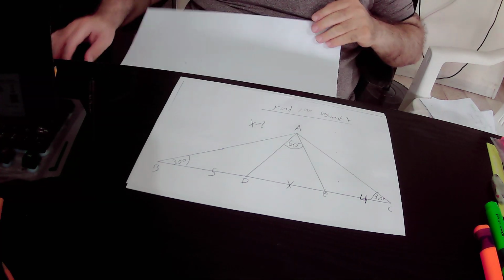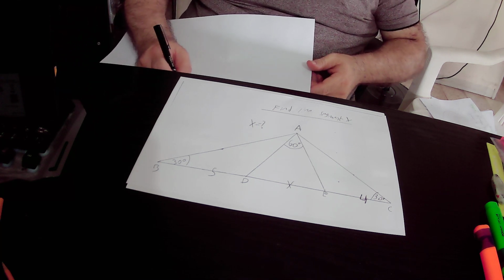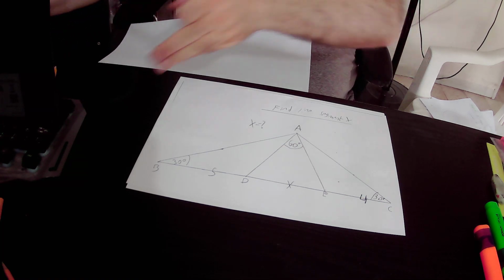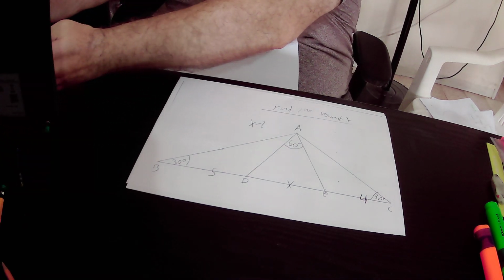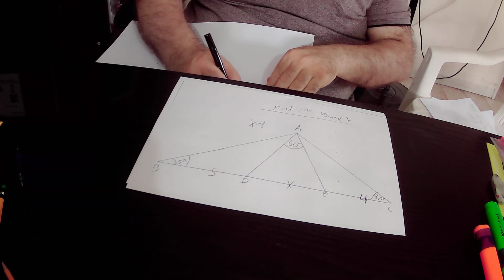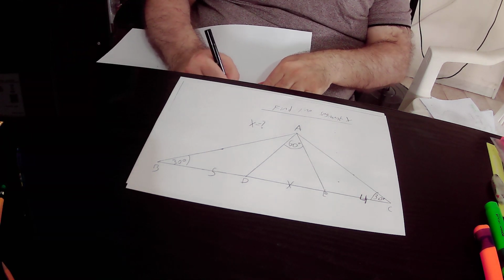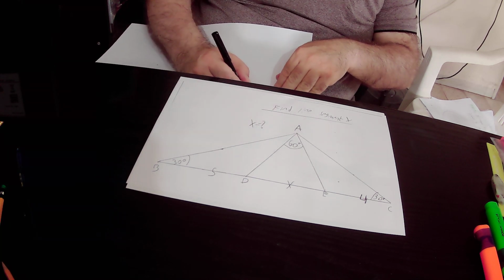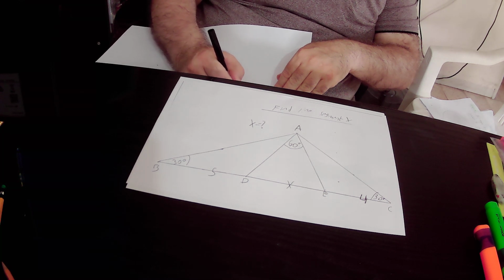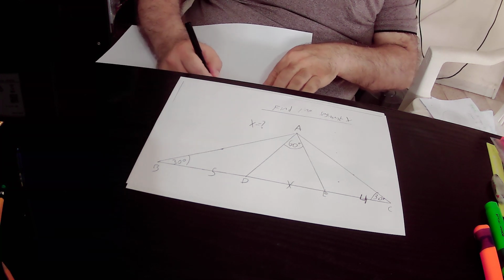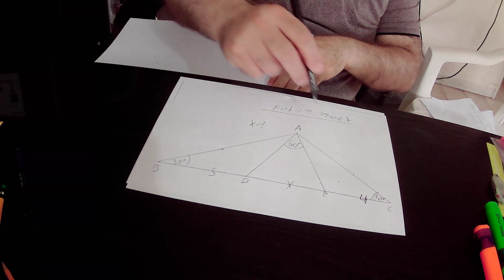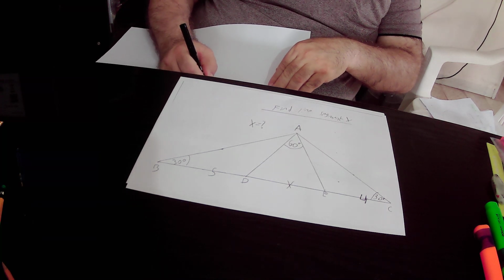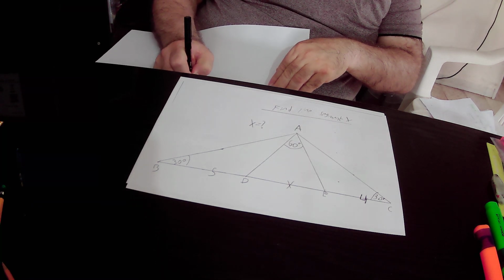Inside triangle ABC, we have angle ABC, which equals this angle, angle ACB, and they are both equal to 30 degrees.